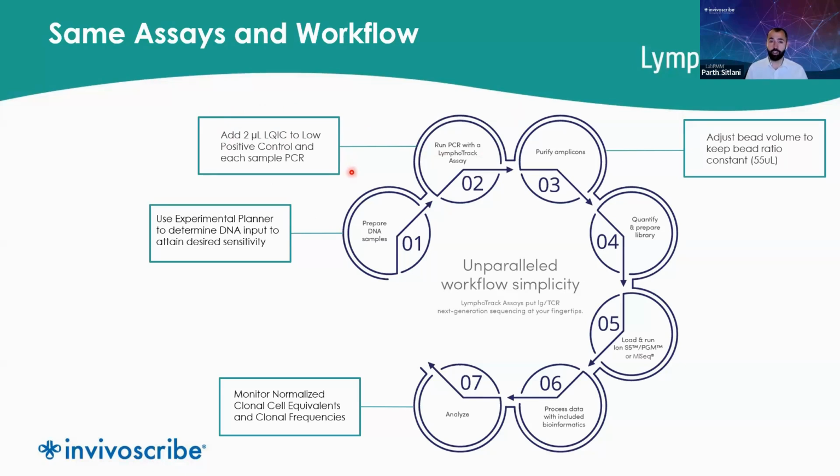This is our cell control that helps to calibrate our residual disease results. And then we just adjust our amplicon, our bead cleanup volume because of the new PCR reaction volume. So very minimal laboratory changes. Primarily, your changes are going to be in the experiment planner tool in the MRD software, as well as the analysis in the new MRD software as well.